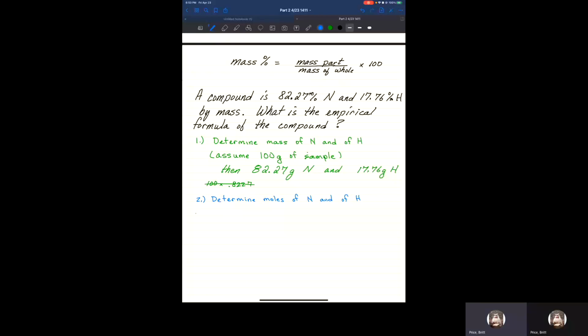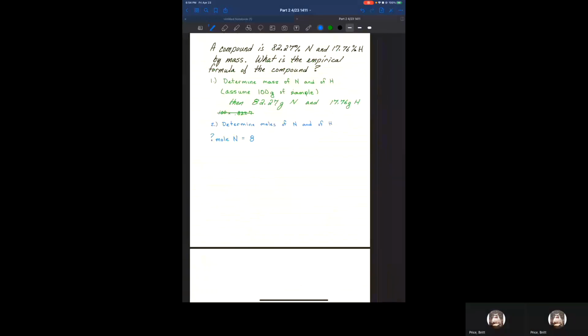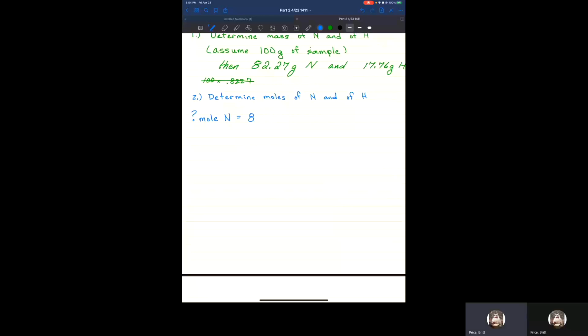One is going to be how many moles of N are equal to 82.27 grams of nitrogen.